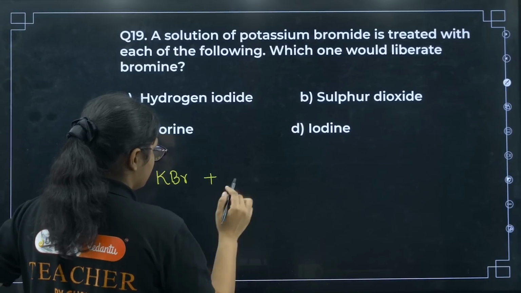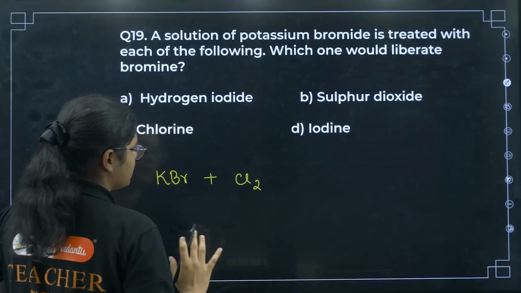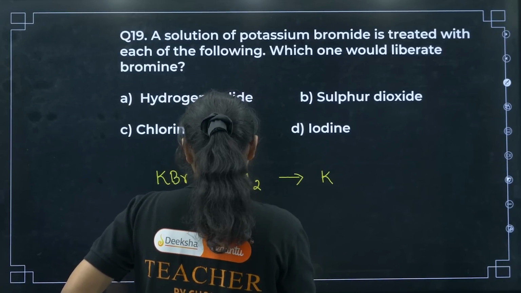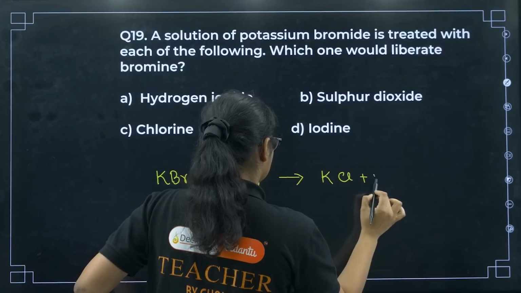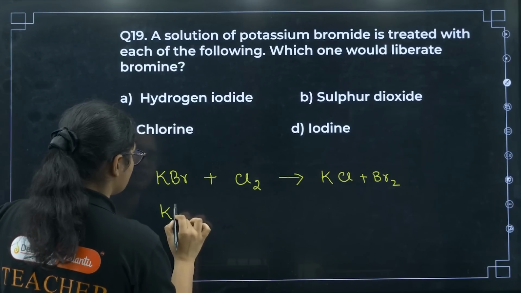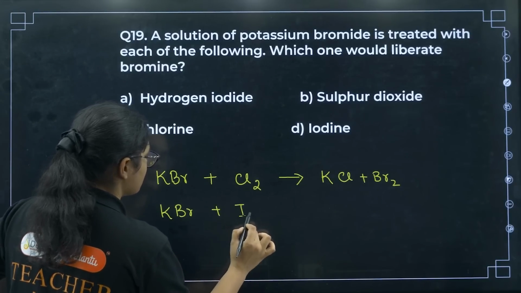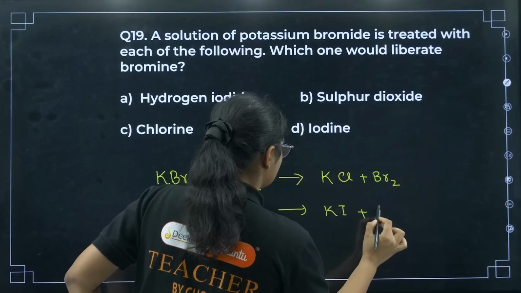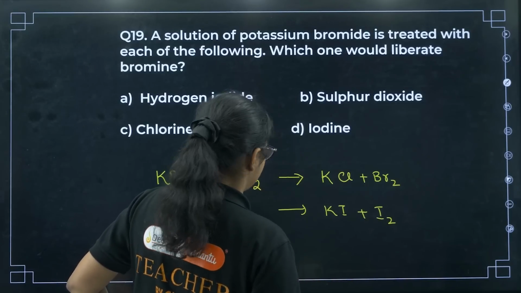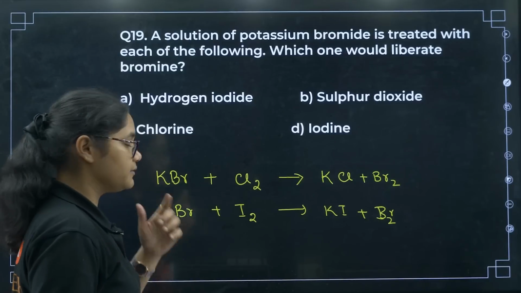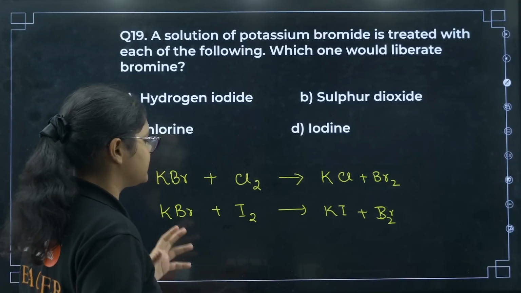So for example, if I am reacting with chlorine, what will I get? KCl and Br2 I will get. Similarly, if I am reacting it with iodine, then I will get KI plus Br2. So which of these reactions will be feasible? What is exactly happening here?